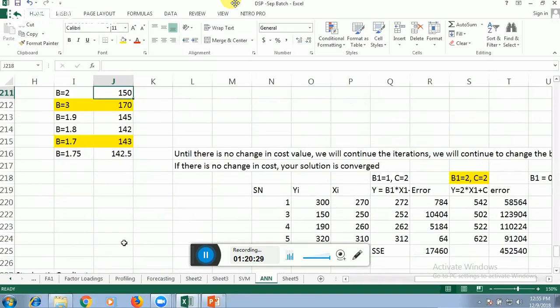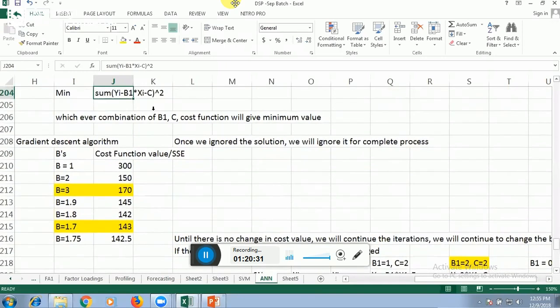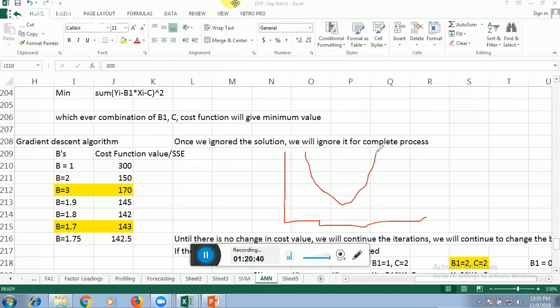So guys, one important thing in this case is, suppose you have a cost function like this, and you are able to get a cost value, this is my minimum value, you will get it. Whatever betas of this one, you will get the minimum value. But suppose my cost function is like this, having some kind of a curve like this.